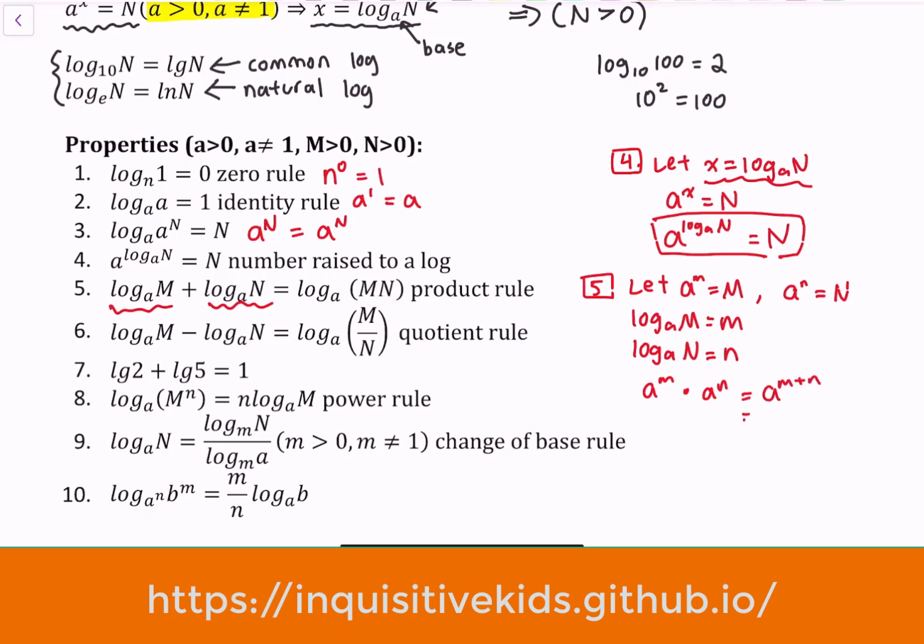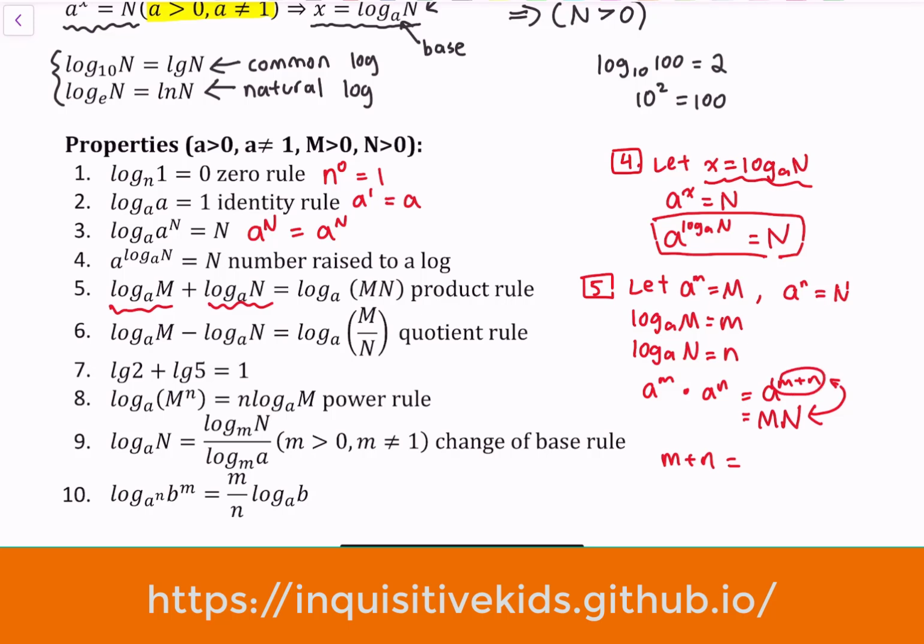And when we multiply a to the m power times a to the n power, this is the same thing as big M times big N. So these two values are the same. Now when we only focus on the exponents, on the left, since the base is both a's, we can combine the exponents. m plus n is equal to m plus n here.